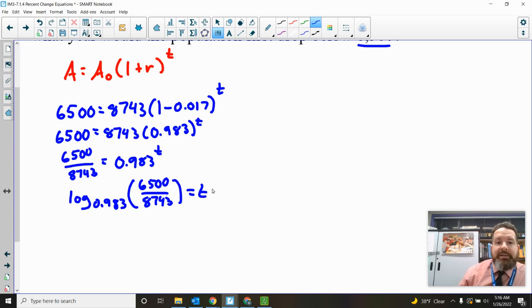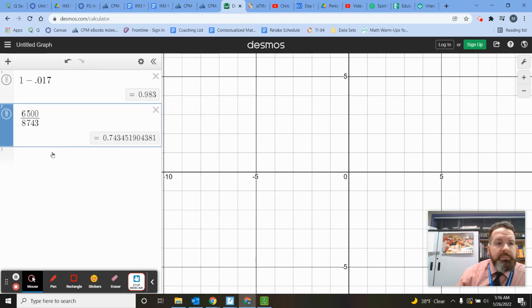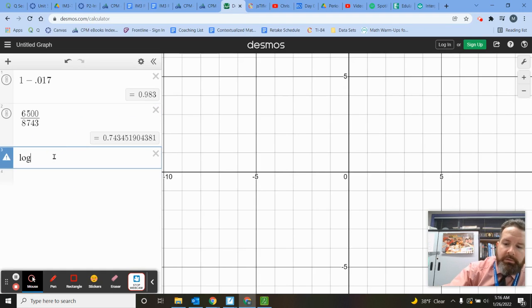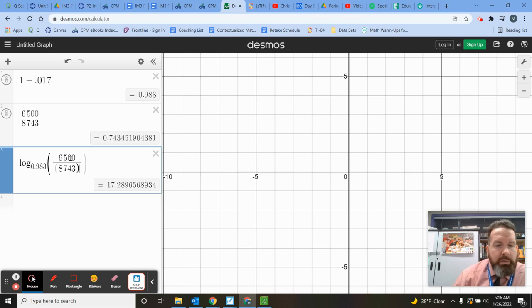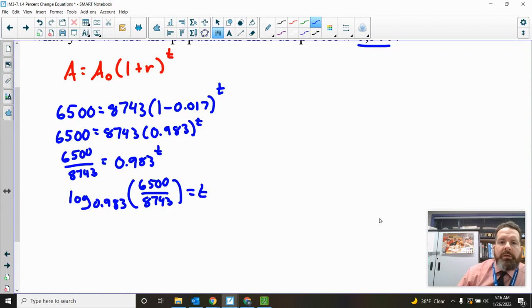That's going to give us the t that we're after. Okay, so it comes out to be about 17, let's call it 17.3. So t is approximately 17.3.